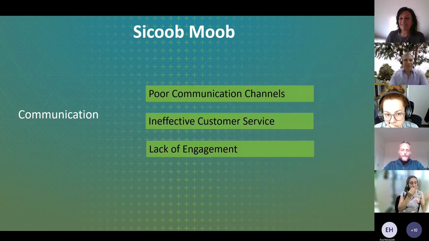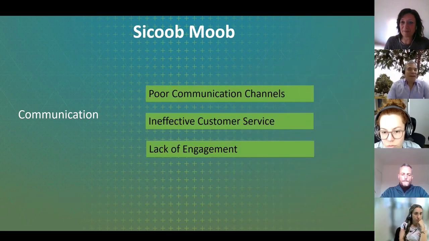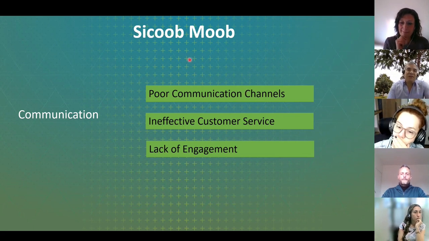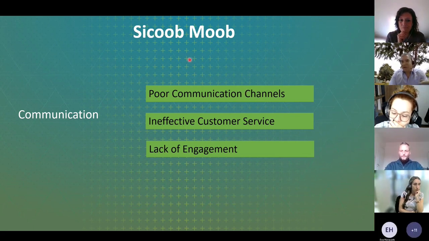Let's start here. Before we start to talk about Sicoob Moob, let's talk about the credit union communication scenario. One of the most significant challenges for credit unions, and other companies of course, face today is the lack of communication between them and their members.